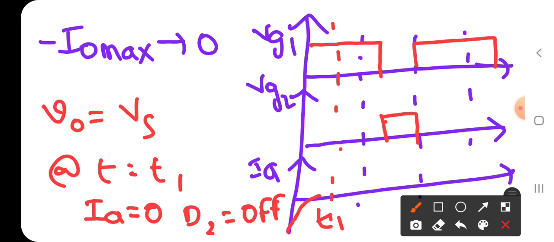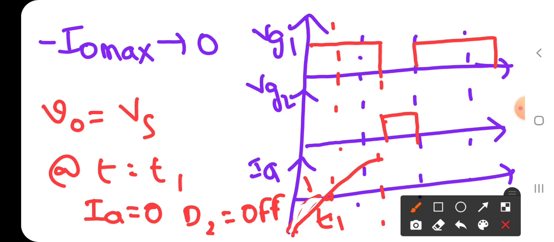At T1, it increases to the maximum value like this. This is mode 2.